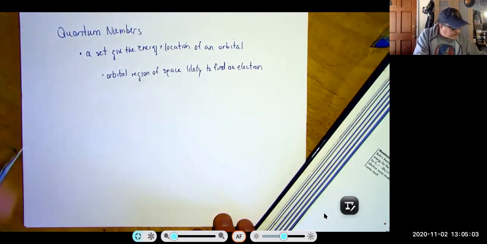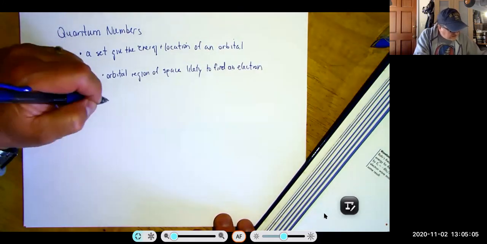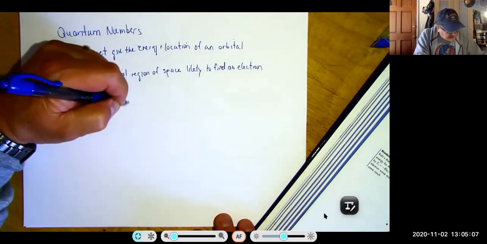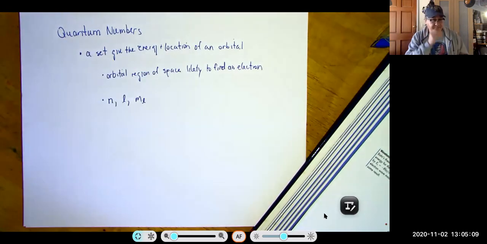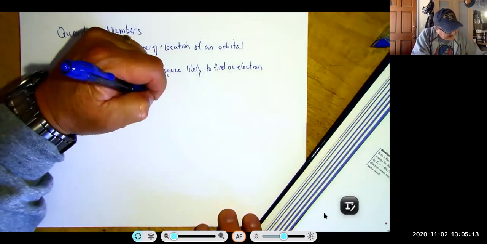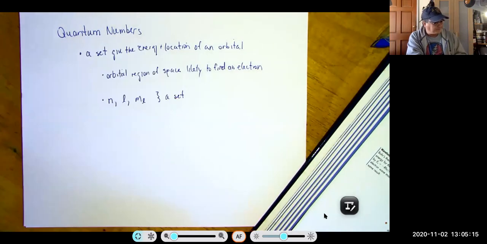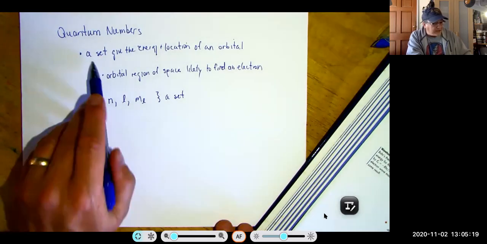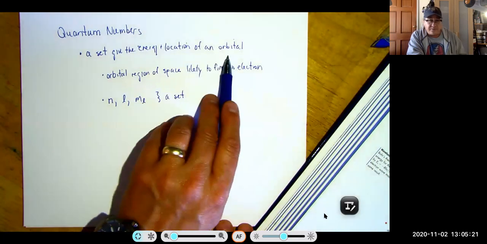So when we say a set, we're talking about an N, an L, and an M sub L. That's a set. So it gives the energy and location of an orbital.